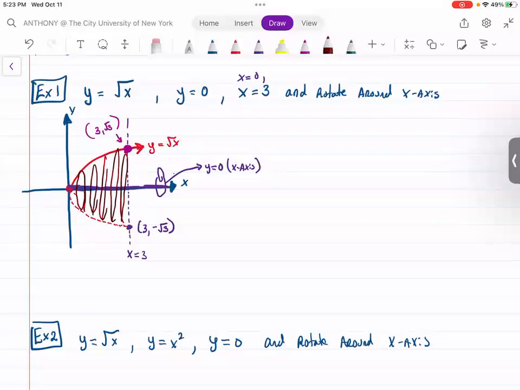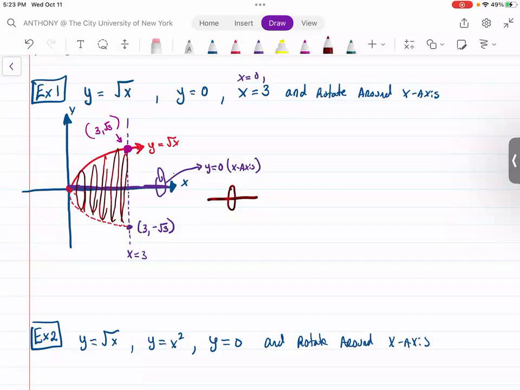Not a shell. You could use a shell maybe, but no. You could use either a disc or a washer. In this problem, we can use a disc or a washer because if you look at each of our discs and you look at the x-axis, the disc and the x-axis are perpendicular.